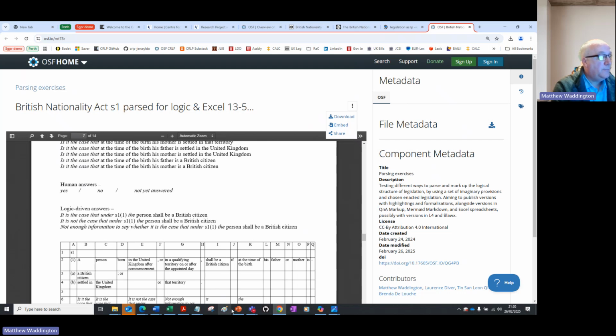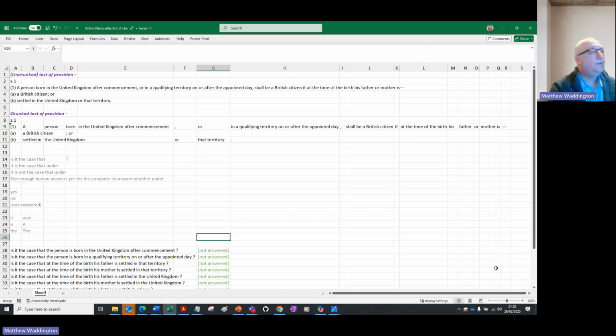The idea is to stay faithful as far as possible to the original text of the legislation. So we put it into Excel, the ordinary spreadsheet system that any drafting office is likely to have in their office, and somebody knows how to use. We've taken the text and we just put it in there, but then we've broken the text up into different cells.